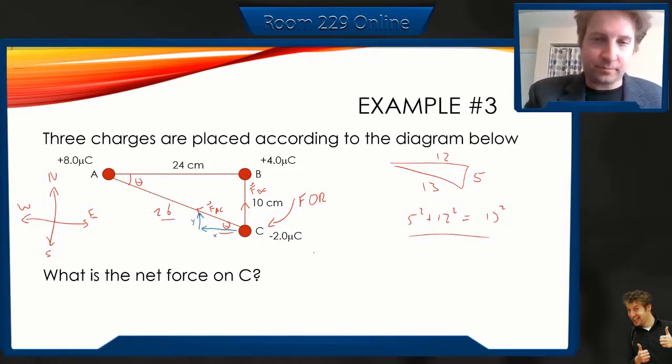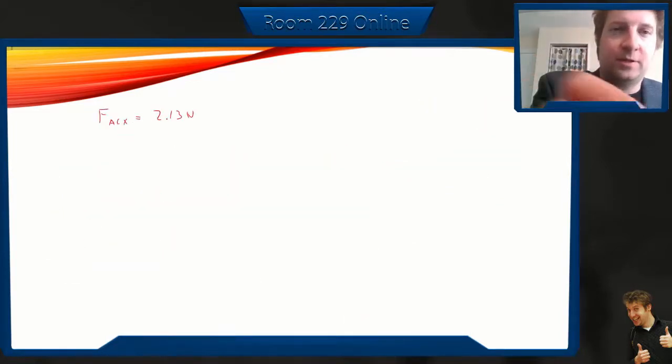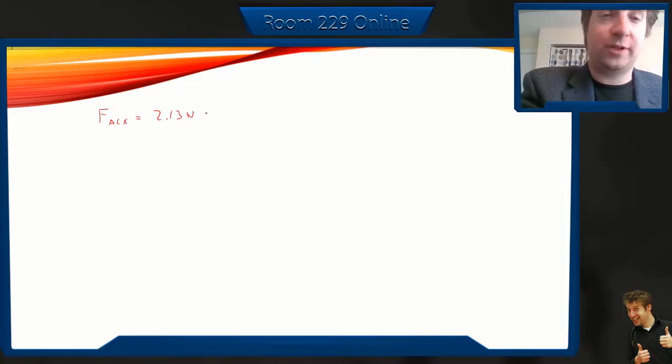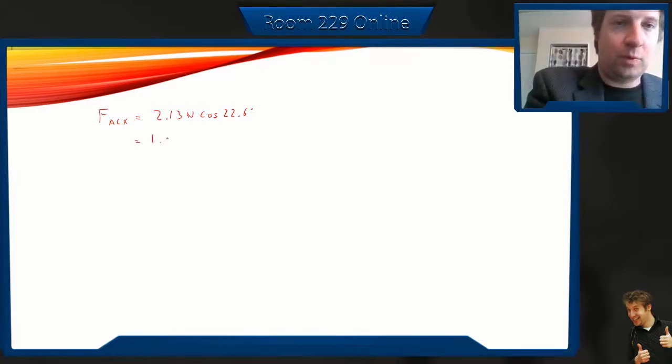Okay. So the x vector is going to be the cosine at 22.6. So it's going to be 2.13 multiplied by the cosine of 22.6 degrees, which is going to be 1.97 newtons. Okay, that's in my x direction.